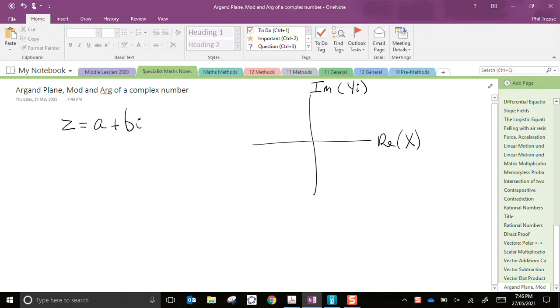So the X and the Y are capitalised to make them distinct from a Cartesian plane, and this is called an Argand plane, named after the person who first proposed the use.